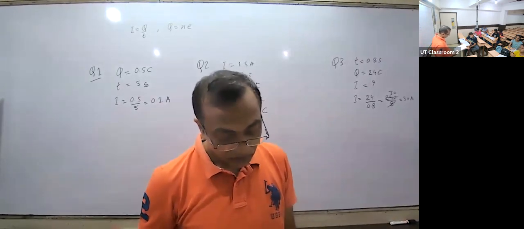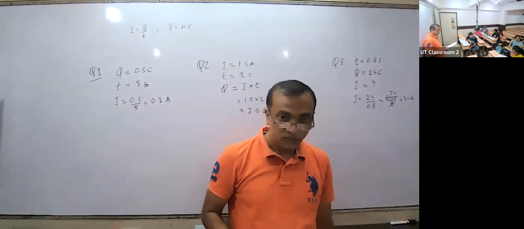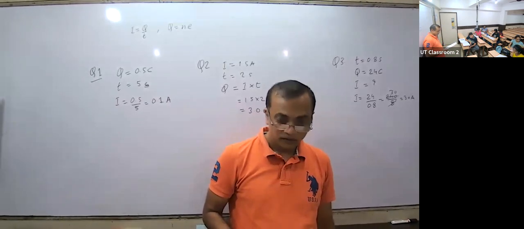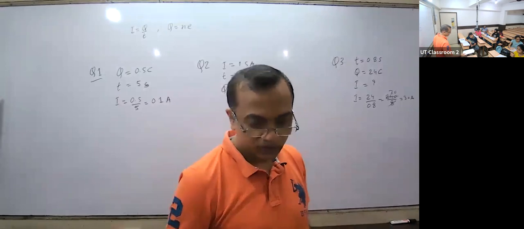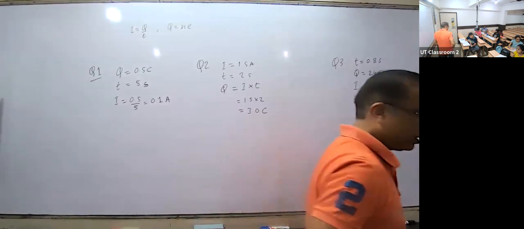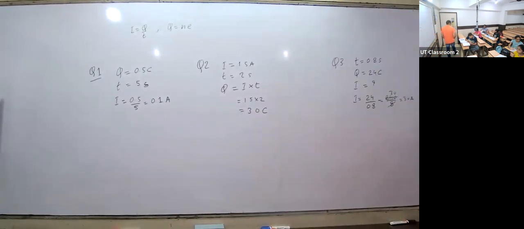Our answer earlier was 1 by 1.6, which is 6.25 into 10 raised to 18, so you multiply that by 6 and check. Are you getting 6 into 6.25 into 10 raised to 18?